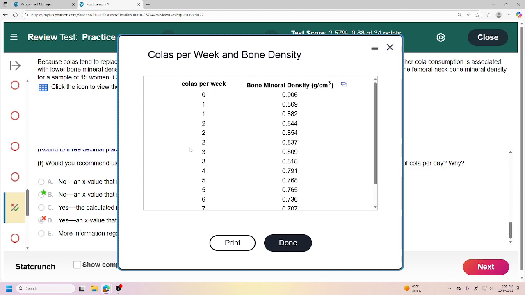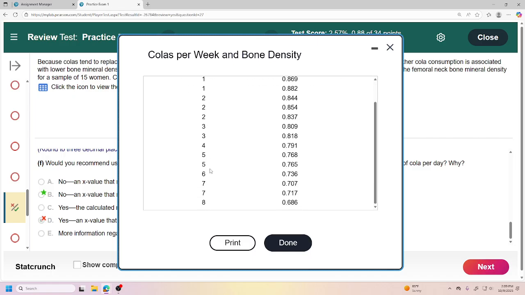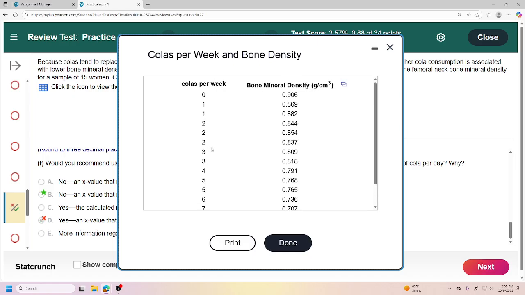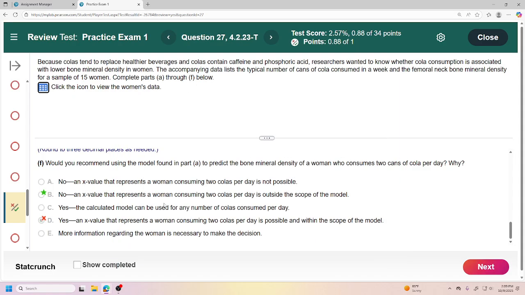Well, yes, but on my stuff here it goes from 0 through 2 and 3 and everything. If they said 100 colas, that'd be weird, right? But even 0 still made sense. Would you recommend? No, I don't like this. I think it's just wrong. I literally just think it's wrong.